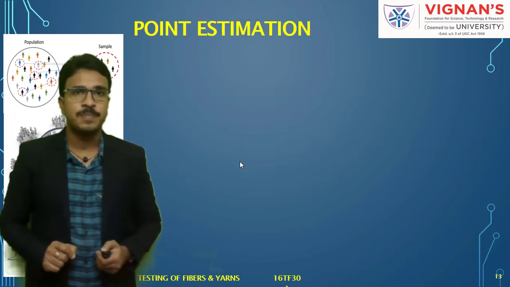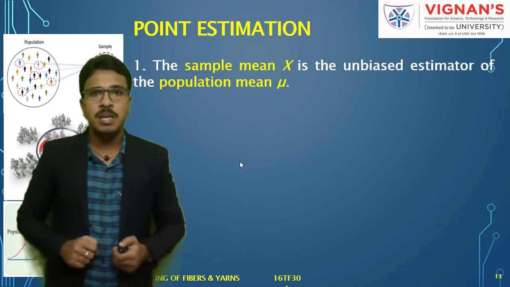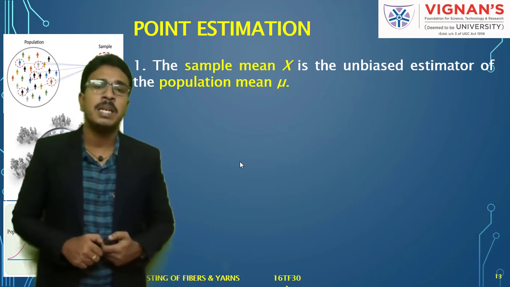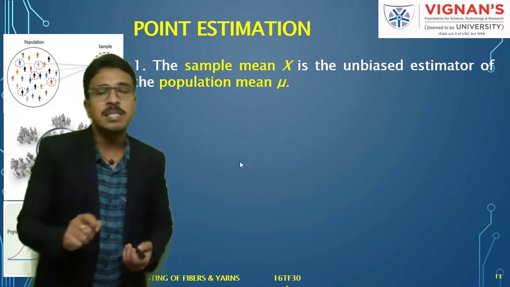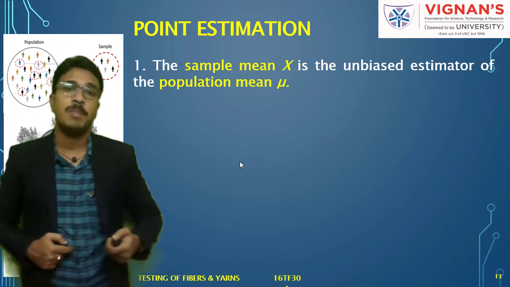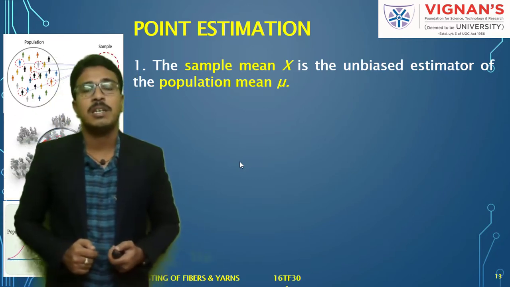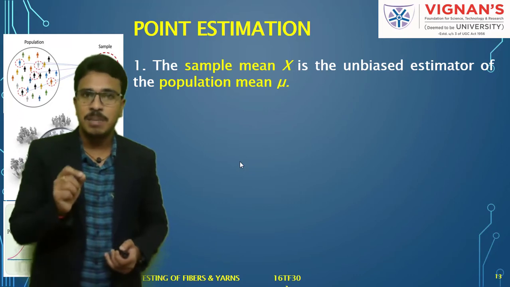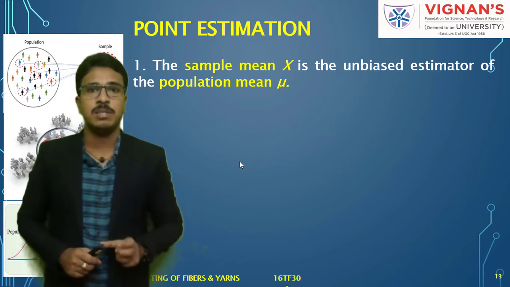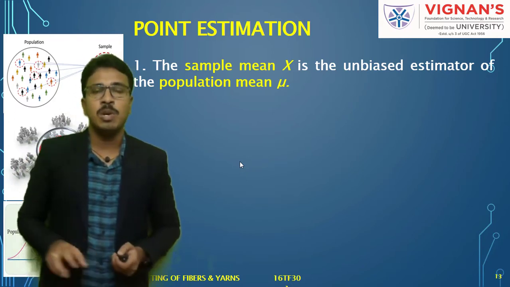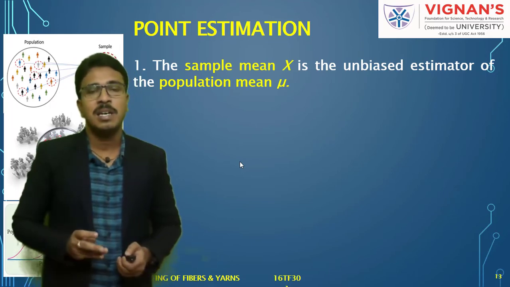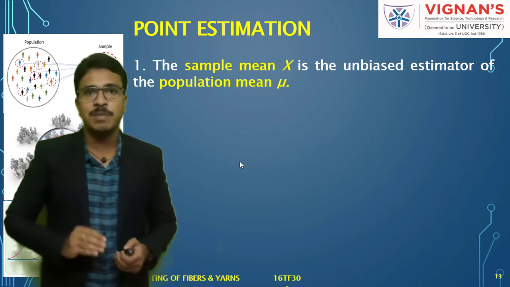Now in this point estimation, the sample mean x bar is the unbiased estimator of the population mean mu. Here you should note that we represent the parameters of the sample as well as the population with some notations. For a population, the parameters are, for example, mean and variance; for a sample also, mean and variance will be there.